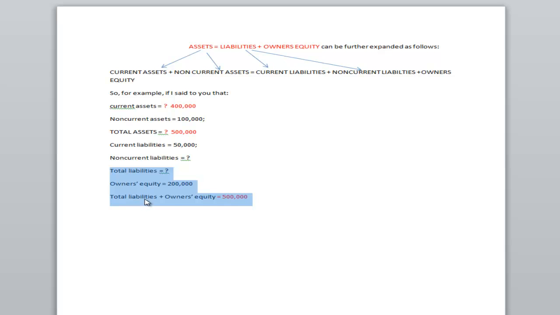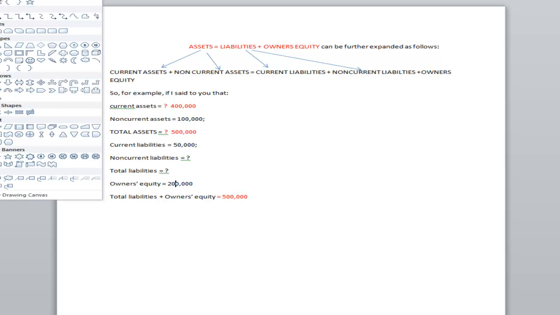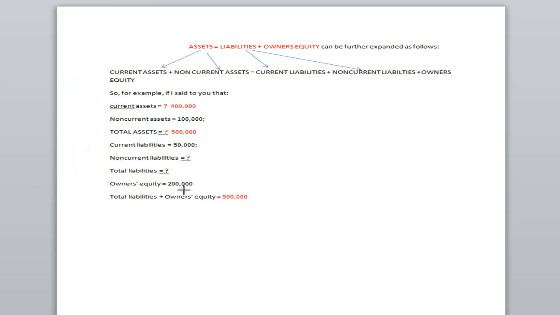Well, total liabilities plus $200,000, so we know, if I just draw a little arrow here, we know that this is in here, right? So if we know total liabilities plus $200,000 equals $500,000, shouldn't the total liabilities be $300,000? That's like solving one equation and one unknown.